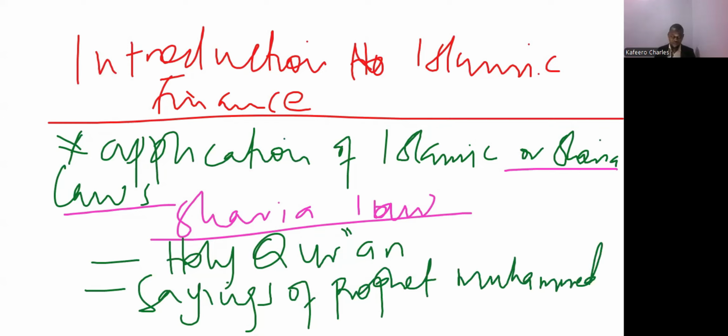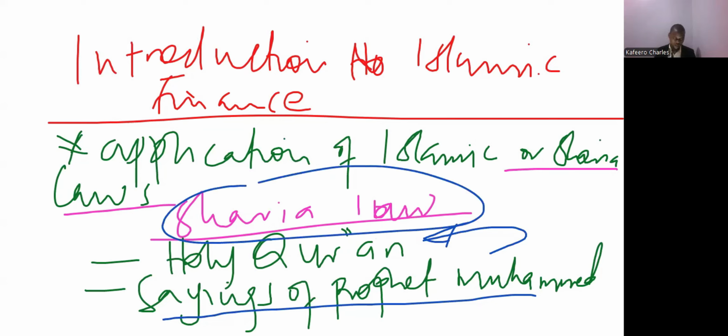These sayings of Prophet Muhammad are the ones that are backing up the Sharia law. All these sayings that back up the Sharia law were merged into what we call the Holy Quran. So they are the ones giving us the scope of things that are supposed to be included and those that are not supposed to be included.